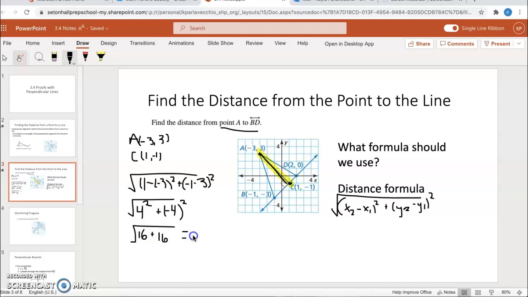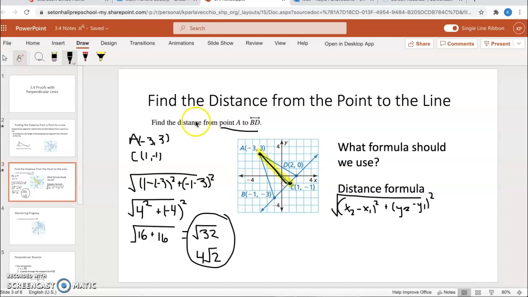And we're going to get the square root of 32 as the distance from A to line BD. If we can simplify this, because I know some of us can, I would like to see that we have 4 radical 2. So try and see if you can simplify it. But if you can only get to the square root of 32, that's okay with me.